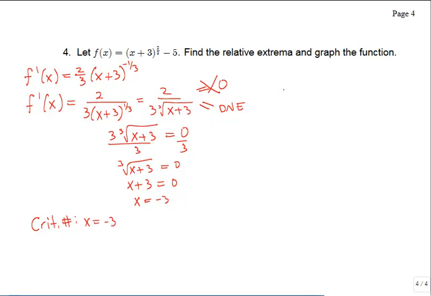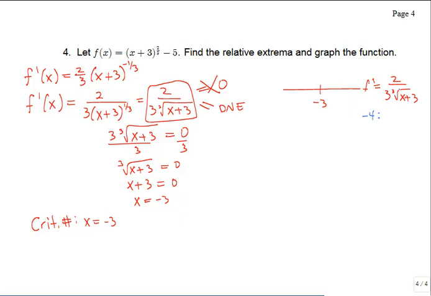So let's make our number line. F prime, the only critical number I have is -3, and my most cleaned up, nice derivative is right here. So let's label this 2 over 3 times the cube root of x plus 3. And now we're ready to test our points. So I want to test something less than -3. So maybe -4.